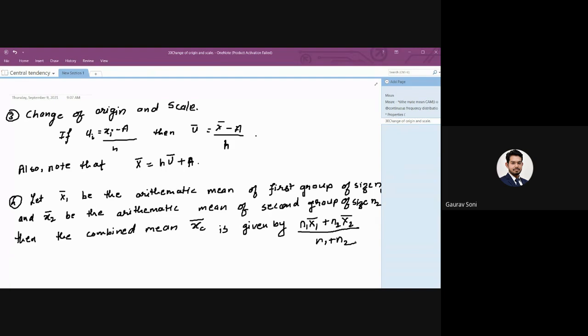Then the combined mean is given by this formula. Fine. Let's solve examples now.